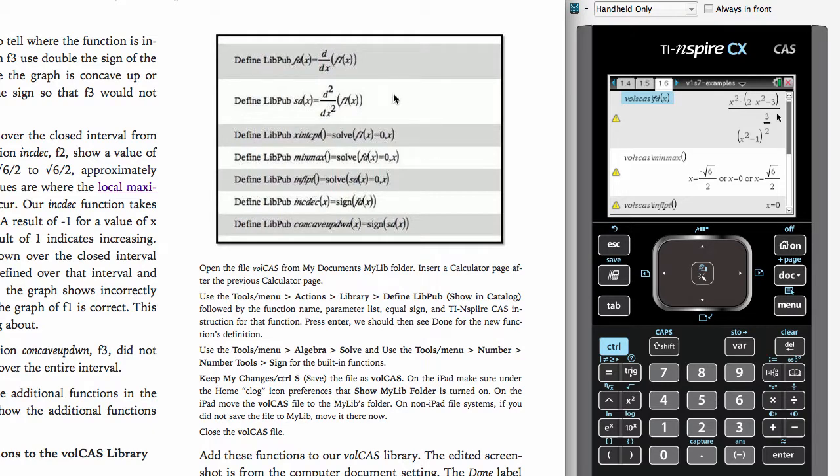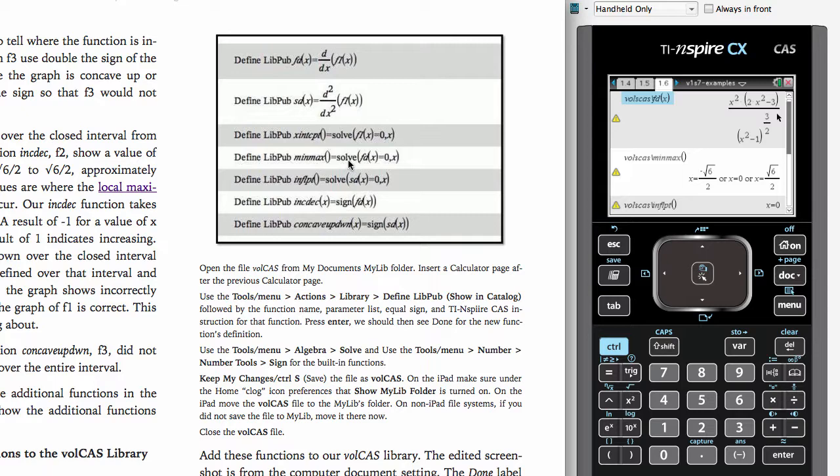Again, here's the library where we added the first derivative and the second derivative. So we added this to make it easier to read our first and second derivative in these formulas. To find the x-intercept, we set the function equal to 0 and solve for x. To find the minimum and maximum candidates, these are not going to be all the places.